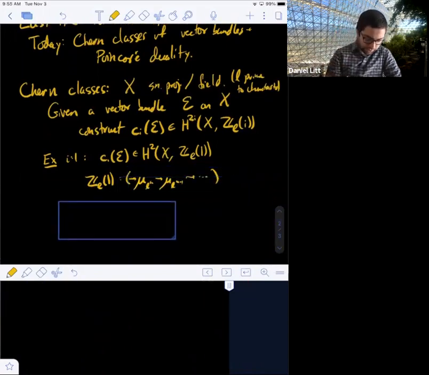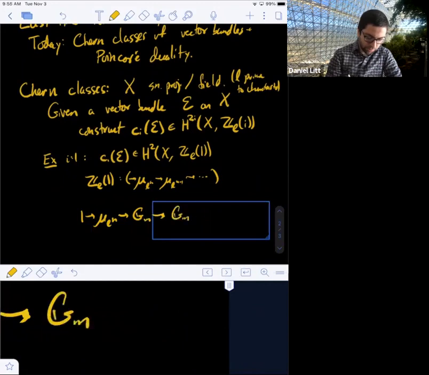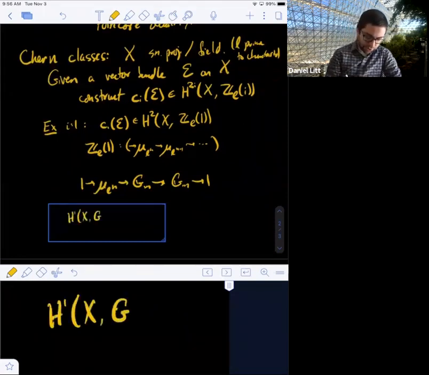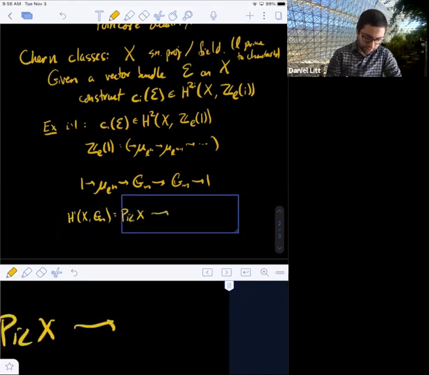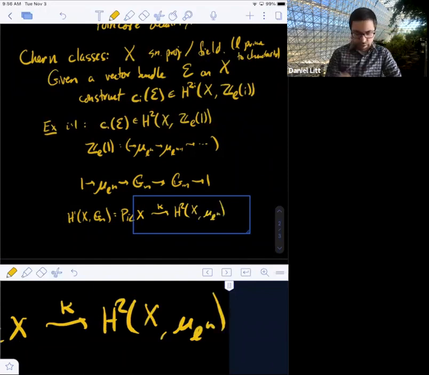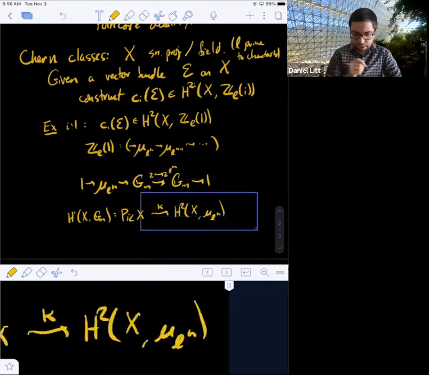And there's a short exact sequence, 1 to mu l to the n to Gm to Gm, which gives rise to a Kummer map. So this is the boundary map from H1 of X with coefficients in Gm, also known as Pic X, and let me call this boundary map kappa for Kummer, to H2 of X with coefficients in mu l to the n. Here, the map on Gm is l to the nth powers. And these maps are compatible. So I guess I should call this kappa l to the n.